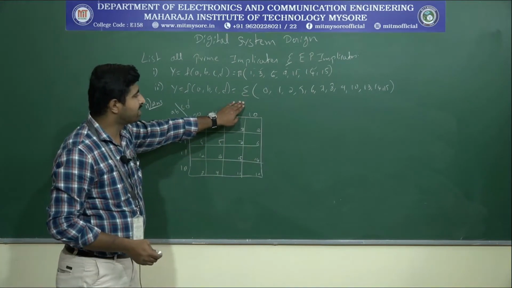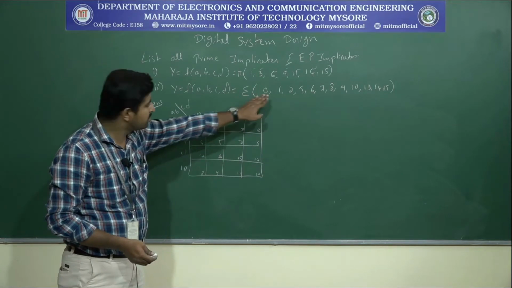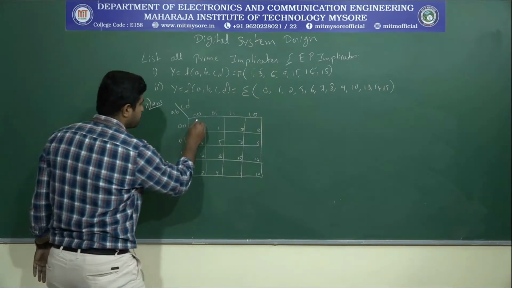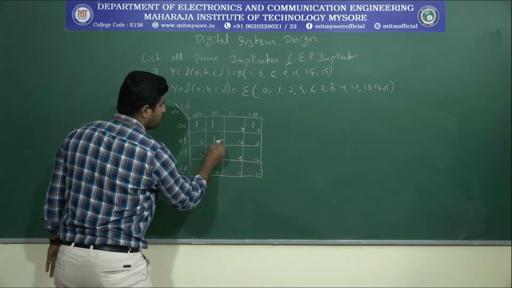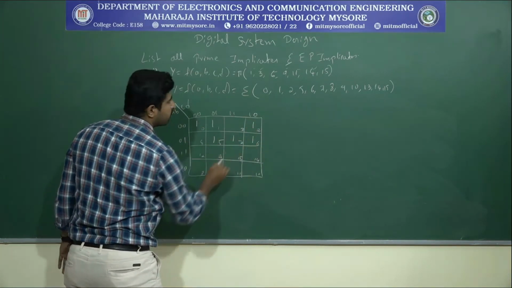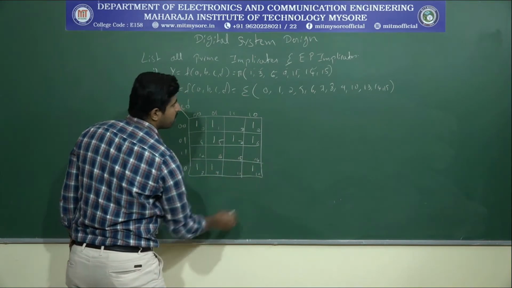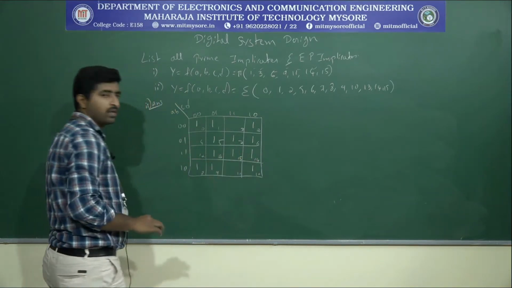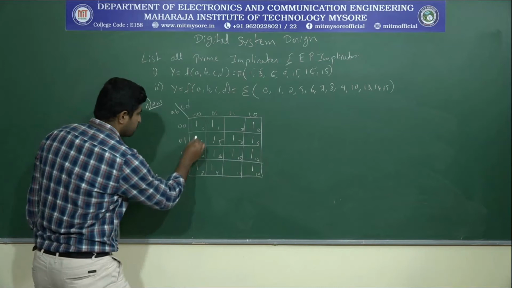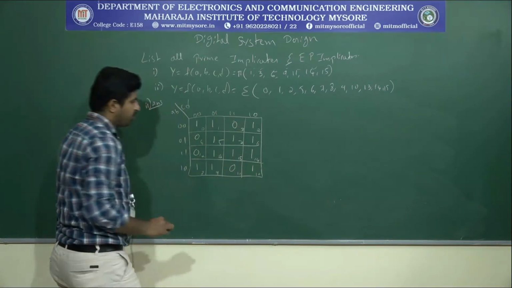So now we need to place the logic 1 for whatever the given min terms. So that is 0 here, that means 1, 1, 1, 1. Okay, so the remaining will be 0, 0, 0, 0.